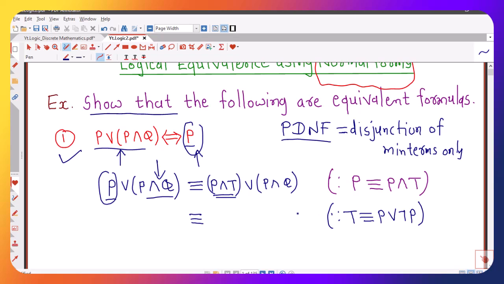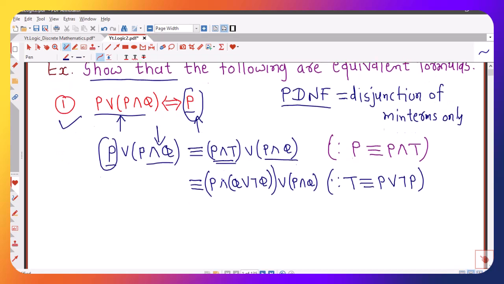So using this logical equivalence, here Q is missing, so we can rewrite T as Q or negation Q, and we keep this as it is, and P and Q.